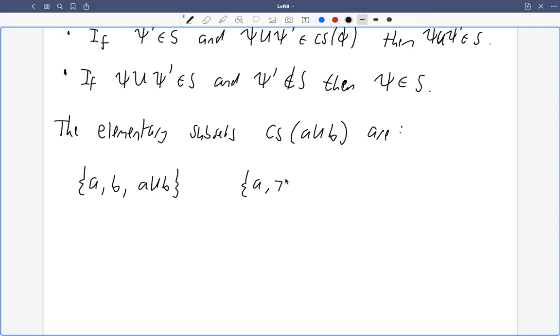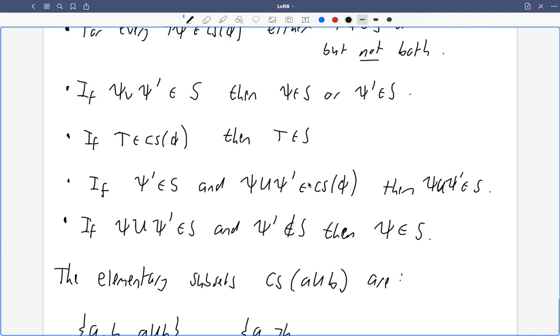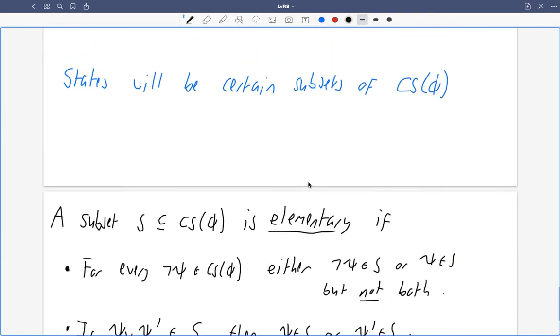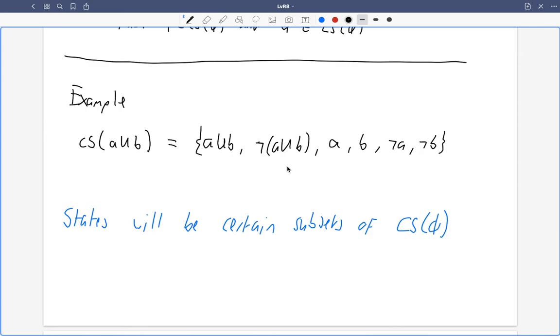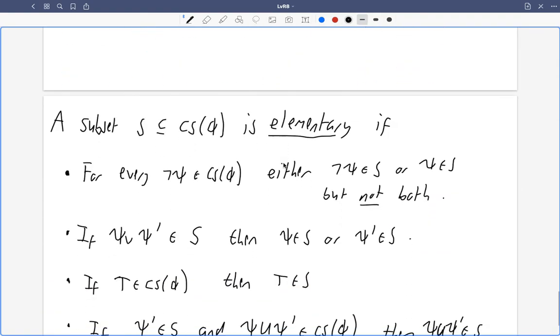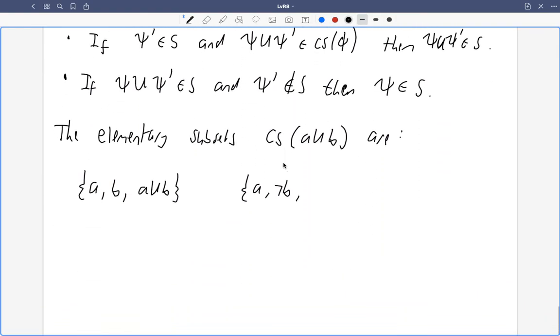There are no restrictions on the propositional atoms, but if we look at the different propositional atoms, then we see what is forced for the other formulas in the complemented subformulas, which are just A until B and the negation of A until B. So if A and not B hold, then A until B can perfectly well be true.